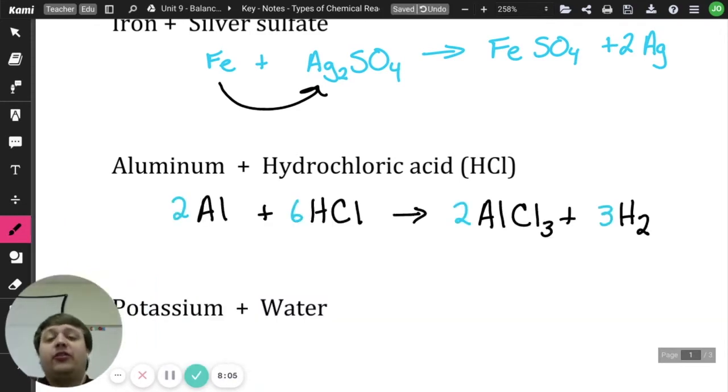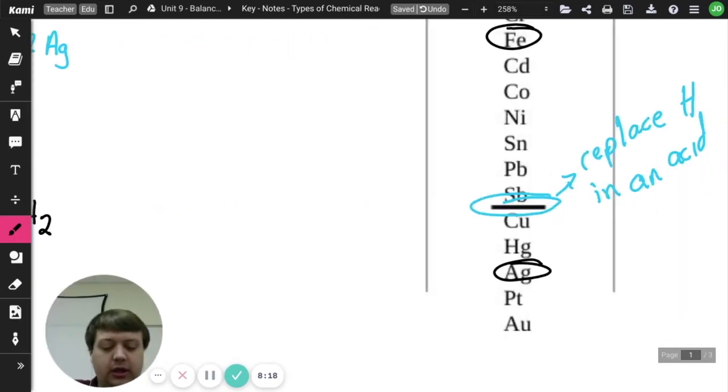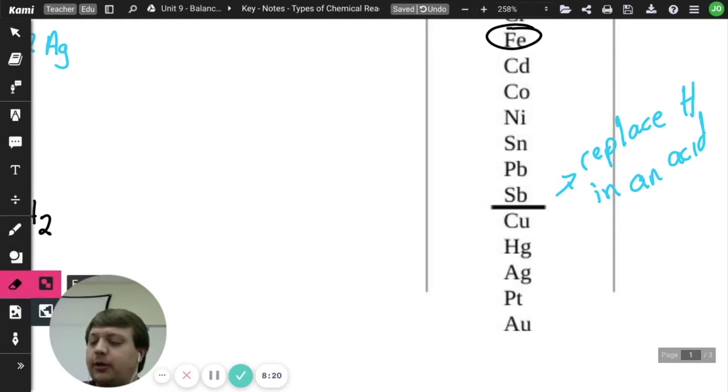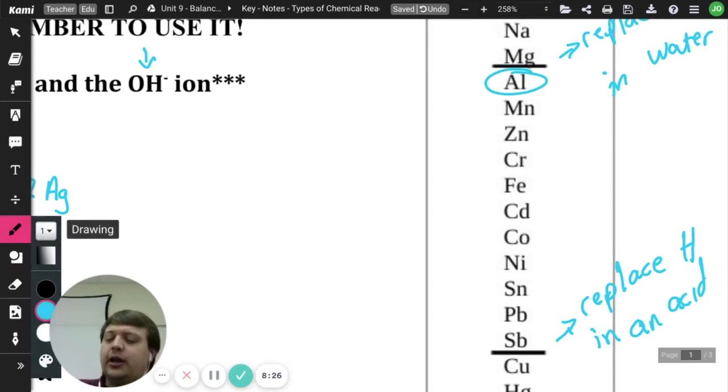All right, now this is what you should have ended up with for this reaction. So first off, I would need to check my activity series to see if my aluminum was able to replace my hydrogen. Now, that is in an acid, so I would double check and make sure that aluminum is above this first line here. And looking at this, I see that aluminum is right here, so it can replace it in the acid.